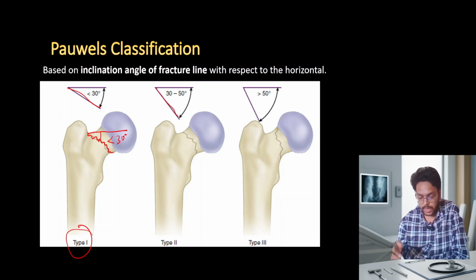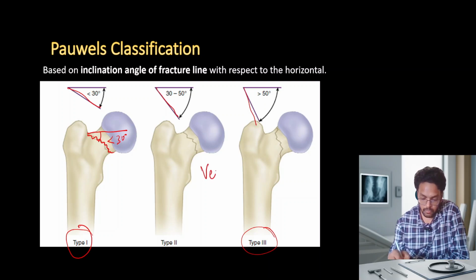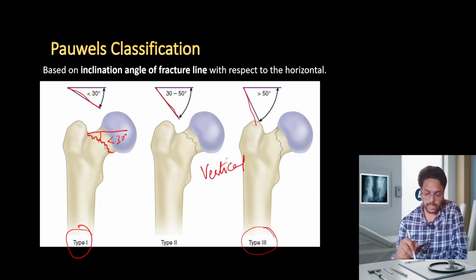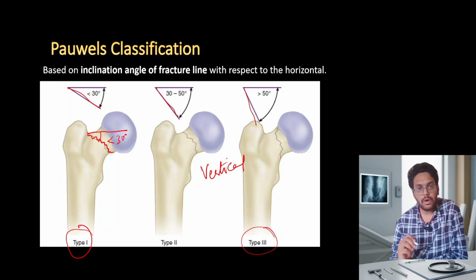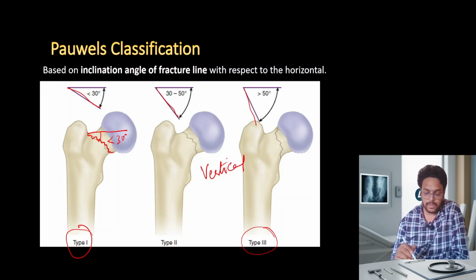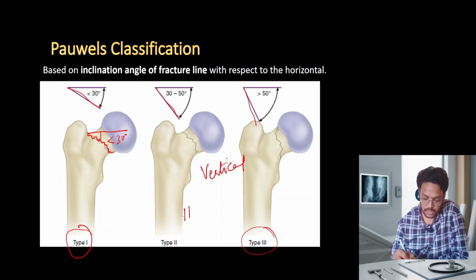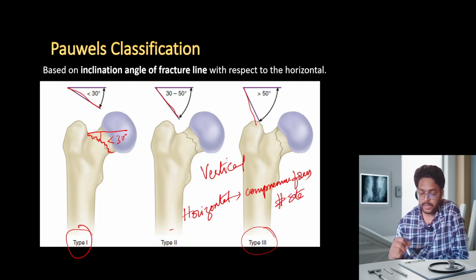As you progress from type 1 to type 3, the fracture line becomes more vertical. What Pauwels wanted to say is, if the fracture line is horizontal, then there are more compressive forces acting at the fracture site and the fracture may unite earlier. The fracture line should be more horizontal.